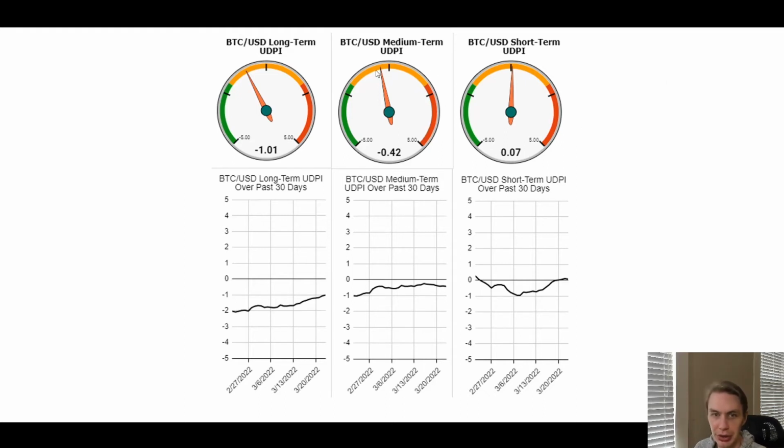But getting rejected off of current levels, having to go back into the range we've been sitting in, between the mid to high 30Ks and the low 40Ks, is also totally plausible. Bitcoin is still largely range bound. It hasn't really put in a more definitive higher high. It's put in a smaller higher high, but it might have some more work to do to convince people that the bullish trend is about to pop off.